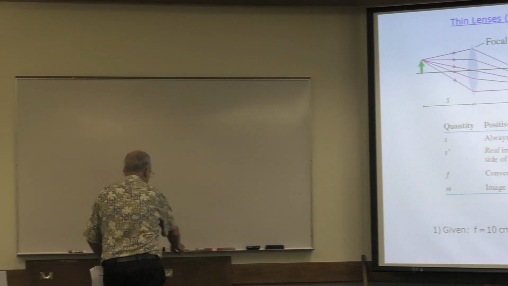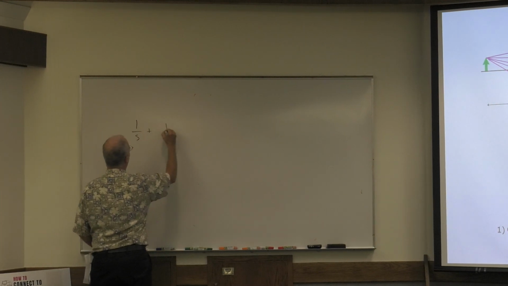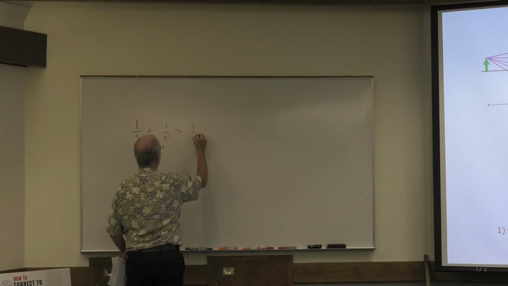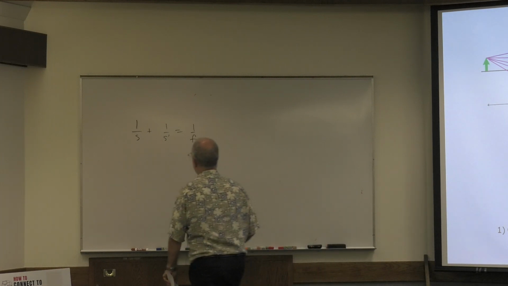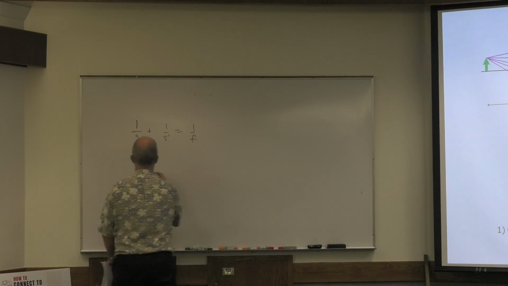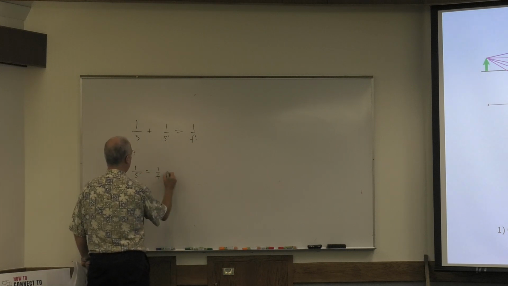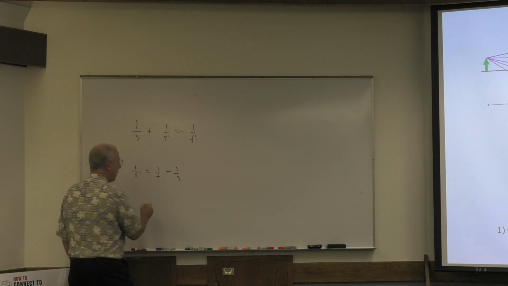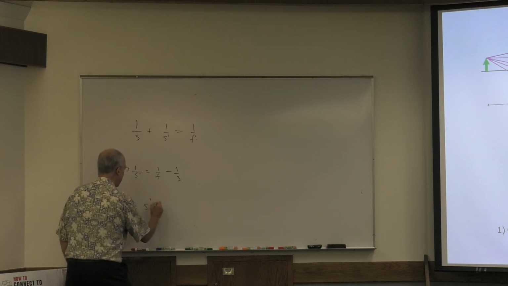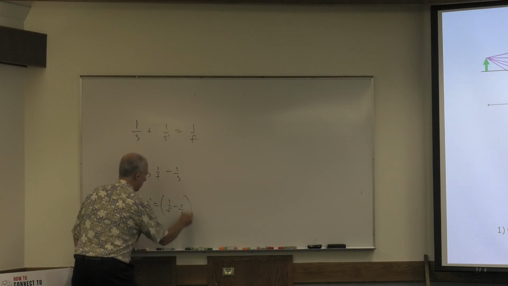So you just need a calculator. We have 1 over s plus 1 over s prime equals 1 over f. Now what we want to find is s prime. So 1 over s prime equals 1 over f minus 1 over s. Therefore, flip them, right? So s prime equals (1 over f minus 1 over s) to the negative 1 power.